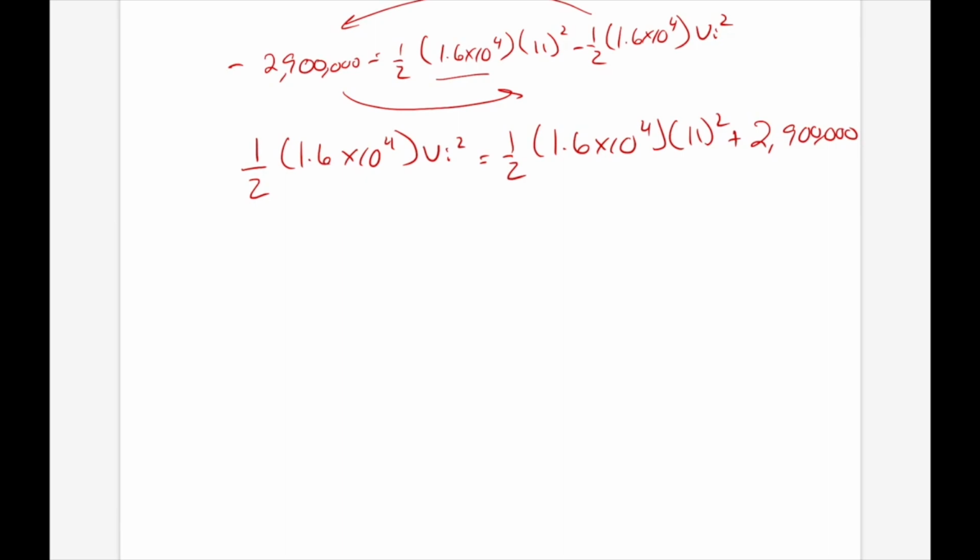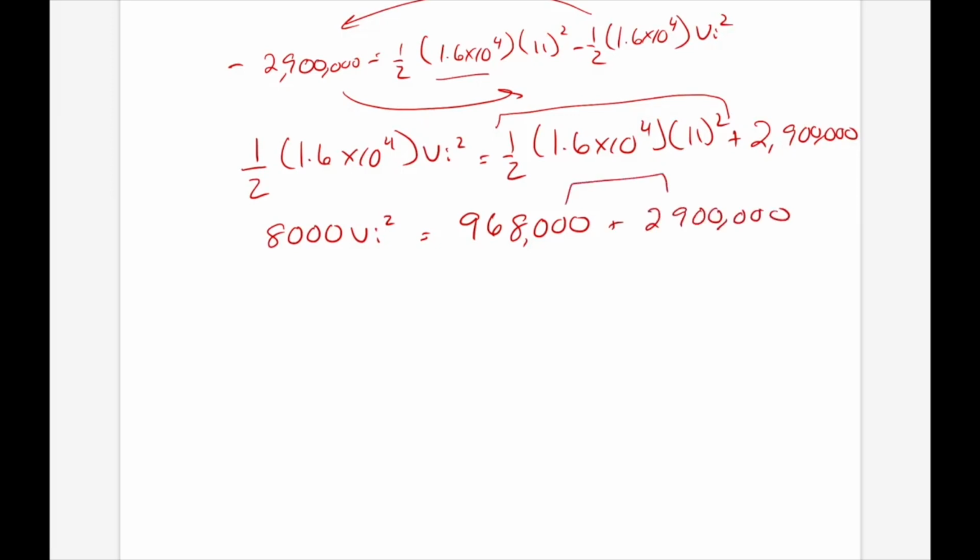On the left side, this 1/2 times 1.6 times 10 to the 4 equals 8,000. So it's just simplified. VI squared equals 968,000. That's this guy right here. Plus 2900. Now if we add these two guys together, we get 3868000.